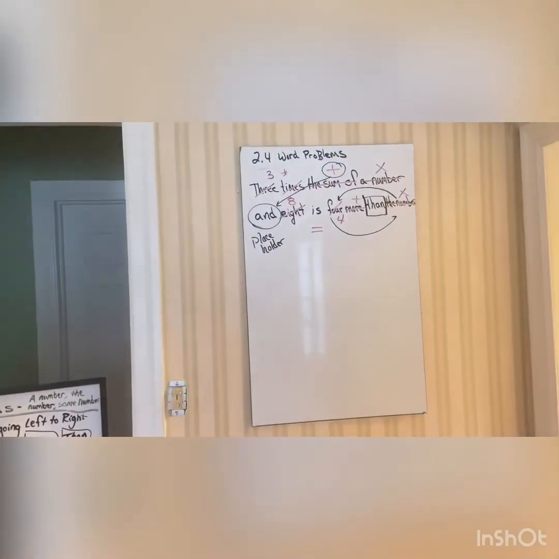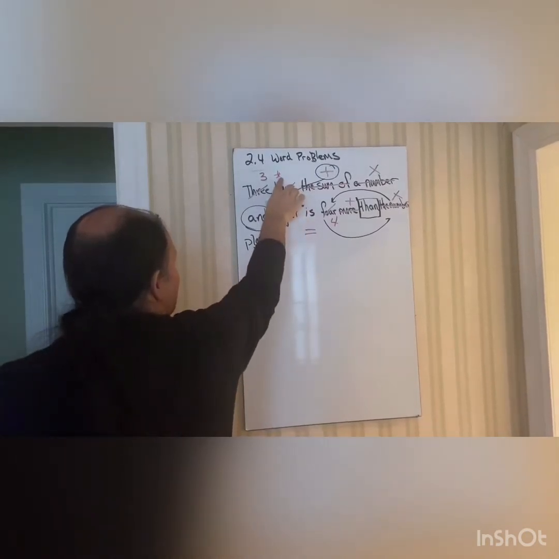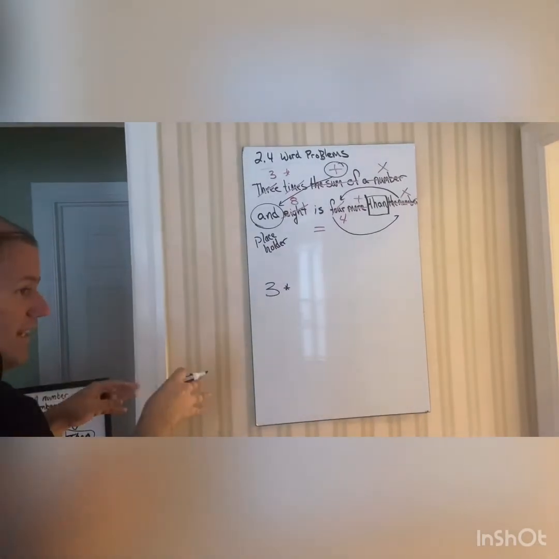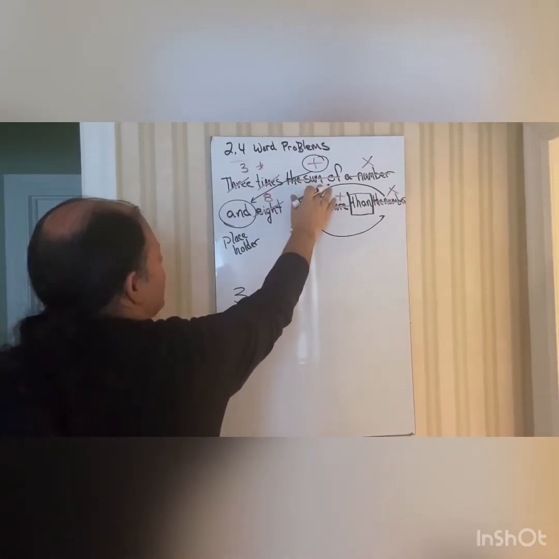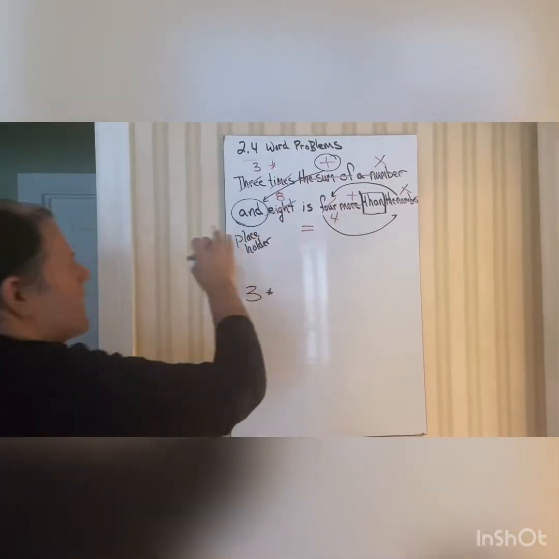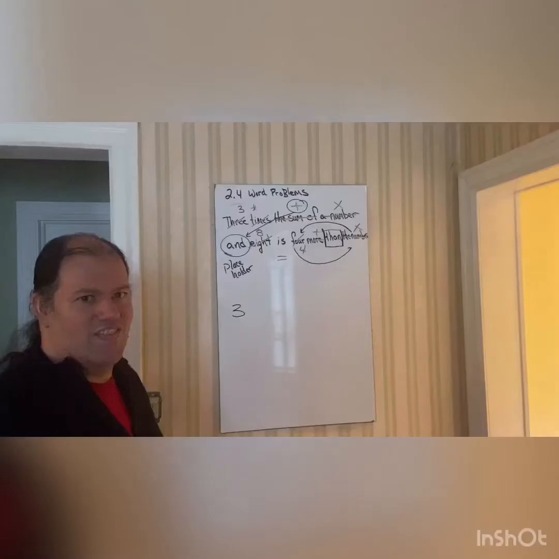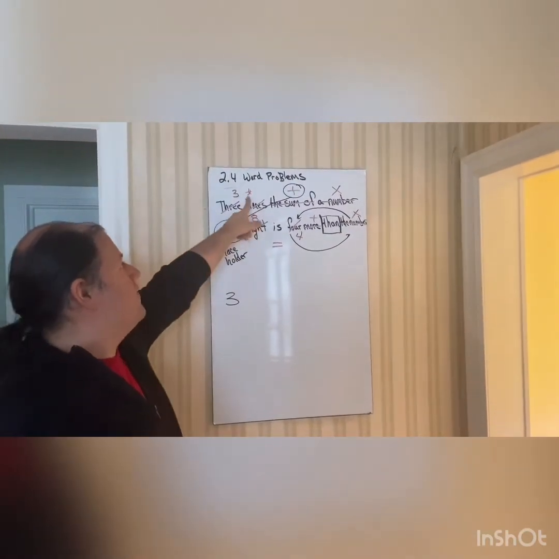Now that we have that taken care of, we can rewrite this. We have 3 times, so I'll just put a little asterisk for right now. I don't like them, but I'm just doing it for right now. 3 times the sum of a number and 8. So we wrote down 3, and then remember how I don't like that?